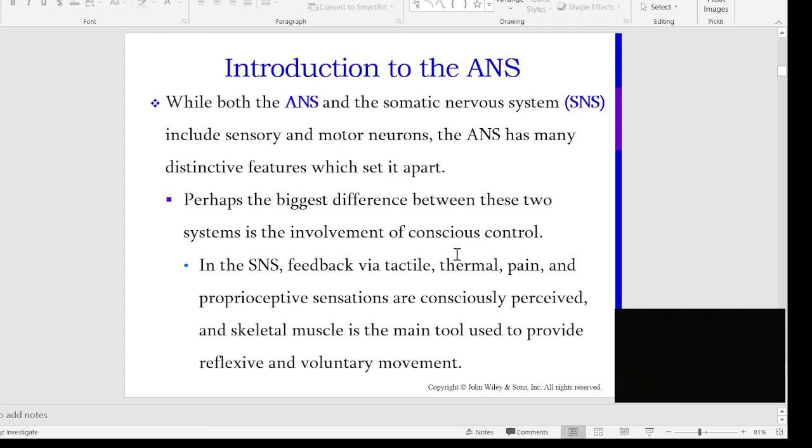I think the biggest difference in these two systems is the ability to exercise conscious control.